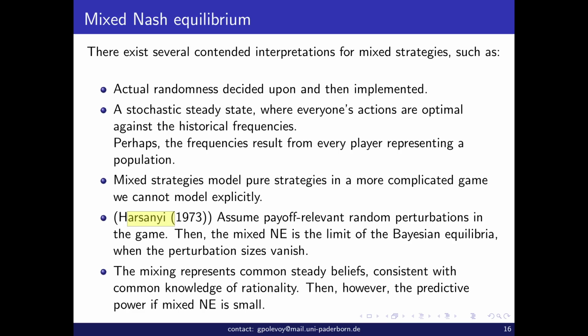You don't know what happens with other players. In that case, the relevant solution concept is not Nash but Bayes Nash equilibrium, which we don't study now. But when you look at those perturbations approaching zero, then the limit of those can be modeled as a mixed Nash equilibrium.